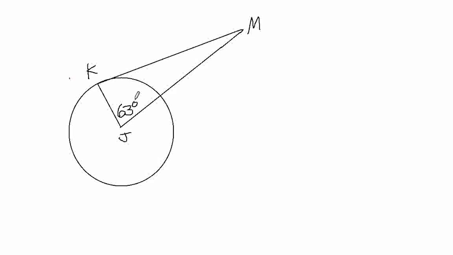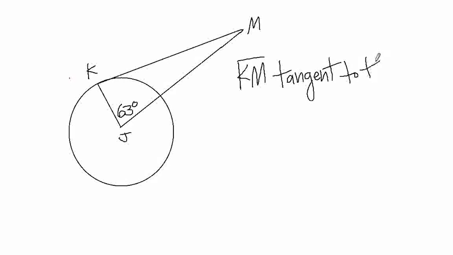Okay, I've drawn a picture of a circle with its center at point J, and I've also drawn line segments JM and KM. So KM is tangent to the circle. And the measure of angle J is equal to 63 degrees. All right. What is the measure of angle M?